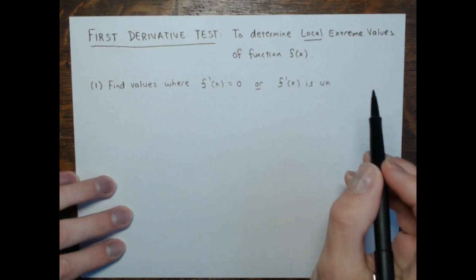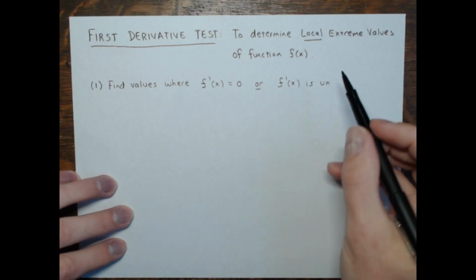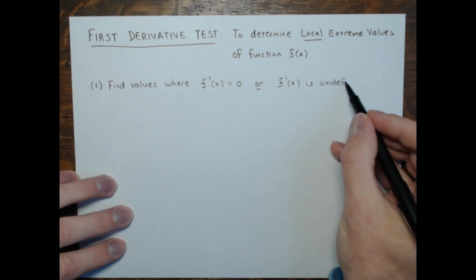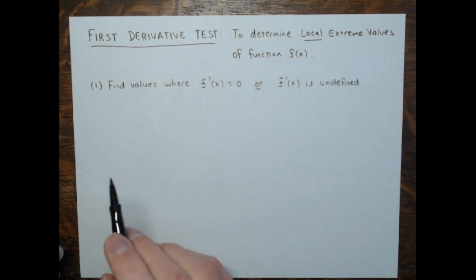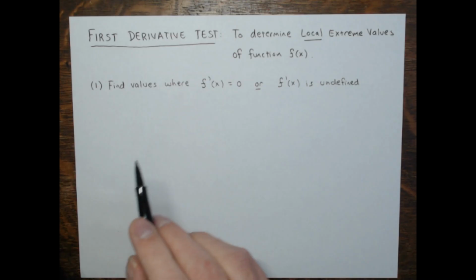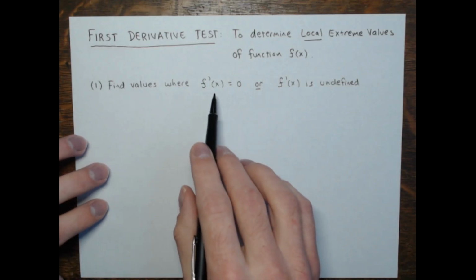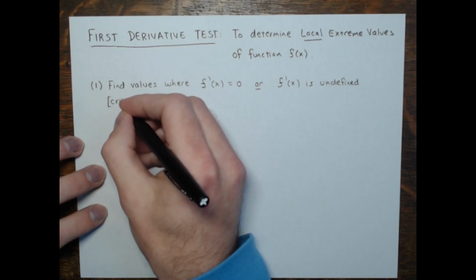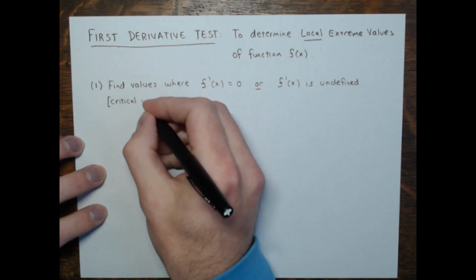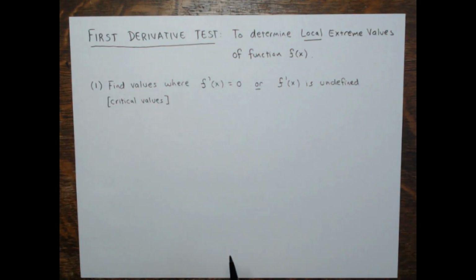Because you saw in my previous couple pages, when the first derivative is 0 and when the first derivative is undefined, you may have these local extreme values, right? Tops of hills, bottoms of valleys, but these are the only two cases where that could possibly happen. So you find these values. Now these are referred to quite often as the critical values of the function. These values where the derivative is 0 or where the derivative is undefined may be referred to as critical values.